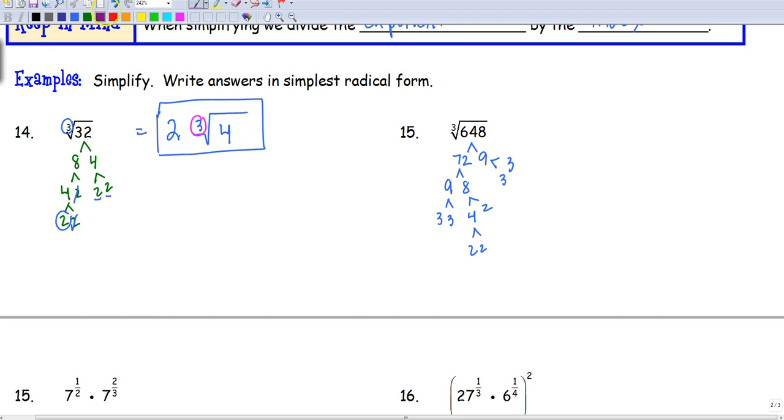All right, we are looking for groups of 3 again. 1, 2, 3. 1, 2, 3. And I've got a 3 left over. So the 3 that underlined goes inside. The 3 and 2 I circled get multiplied. 6 cube root of 3 is your answer.